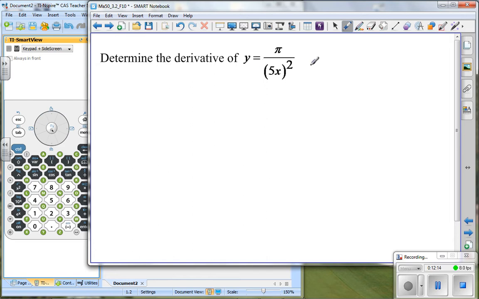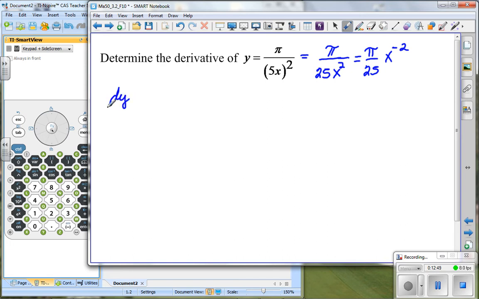Things getting to look a little more complicated. However, let's break this apart. This could be pi divided by, and we can square this, 25x squared. Now, we haven't talked anything about having the expression in the denominator, so I'm going to write this as pi, remember pi is a constant value, pi divided by 25 x to the negative 2. Some of you might know that there's something called a quotient rule, but we're not going to have to get into that at this point.